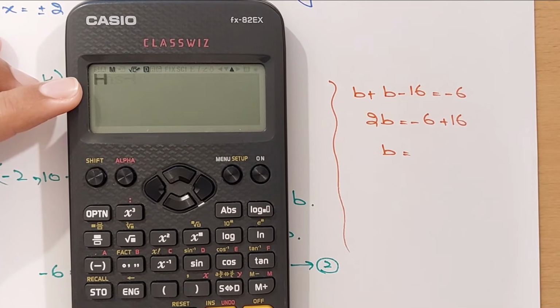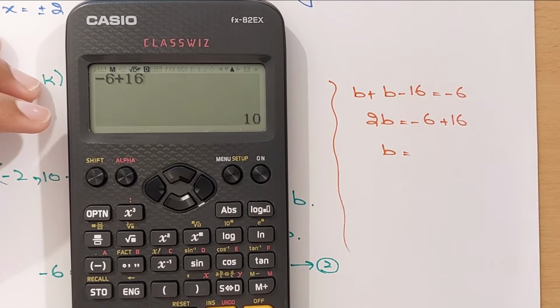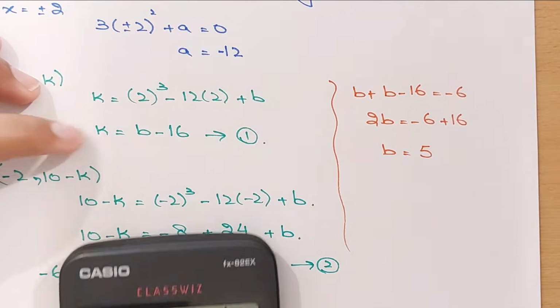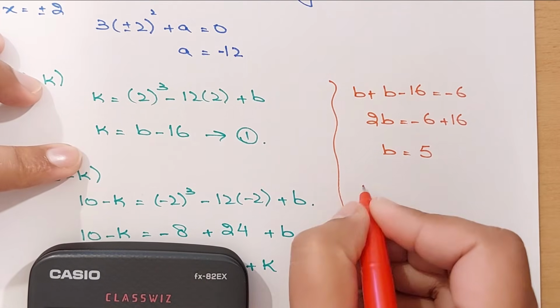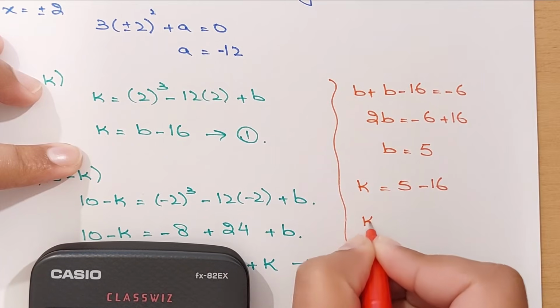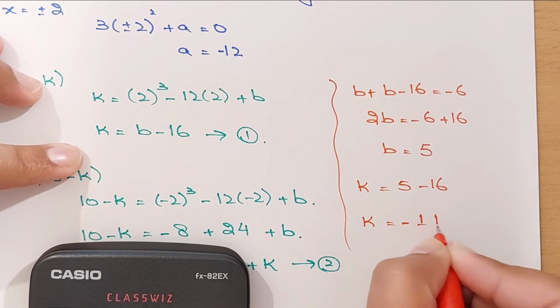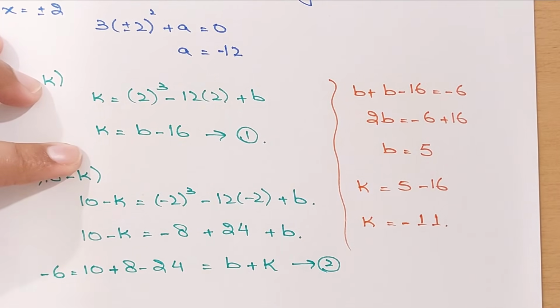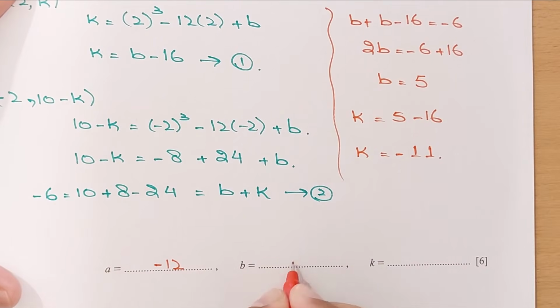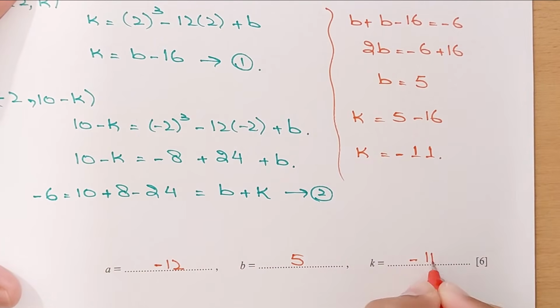Minus 6 plus 16 divided by 2. The b value is 5. So we got b equals 5. What is k? k equals 5 minus 16. So k is equal to minus 11. Right. So we have a is minus 12, b is 5, and k is minus 11.